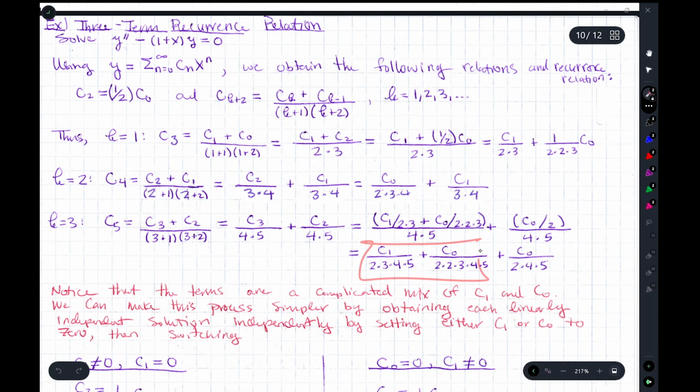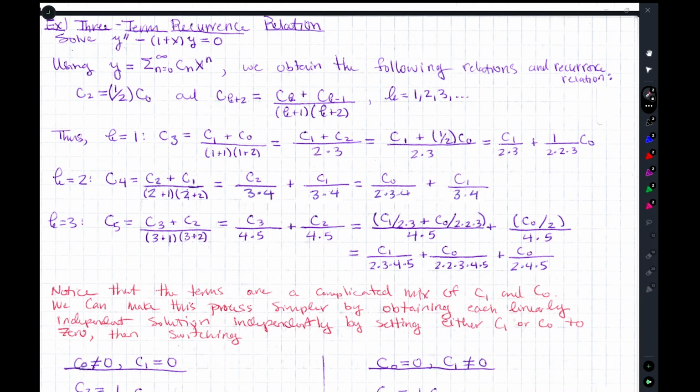Over here I even got lazy and didn't add those terms. You don't want to keep doing these, right? There's just a faster way. The faster way is that we know we're going to end up getting terms proportional to C naught and terms proportional to C1.